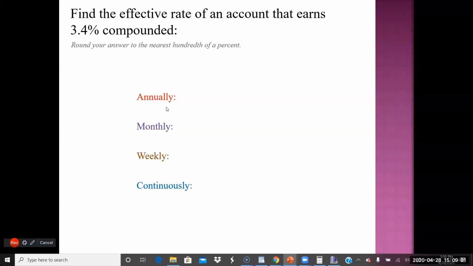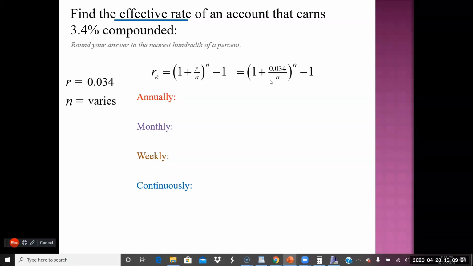So let's go through that annually. For the first three, annually, monthly, and weekly, you're going to use this formula and just plug it in. Your N is going to vary, but your R won't. So you have most everything plugged in, and you just change your N's over and over.